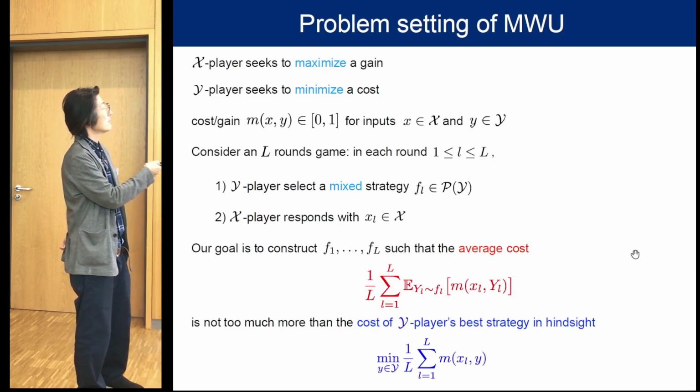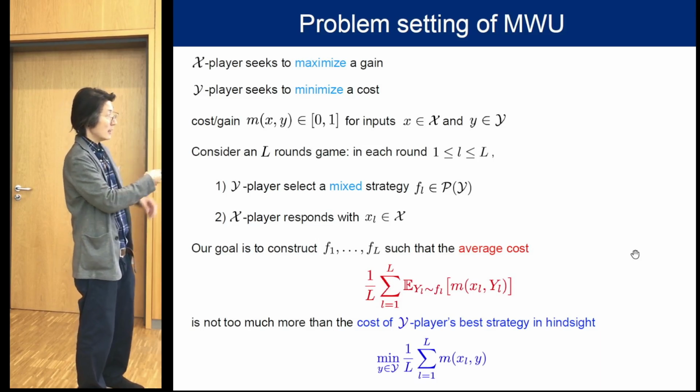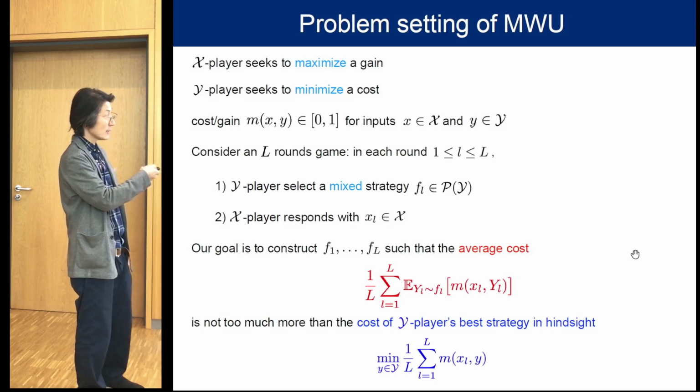So this is the average cost. So we play L rounds, and in each round, Y player selects y_l according to this distribution f_l. So we take expectation. And this is a hypothetical situation: Y player, observing x_1 through x_L, selects the best strategy.